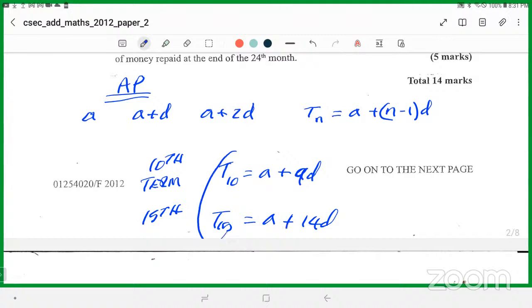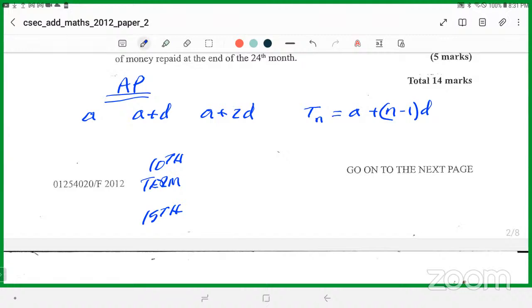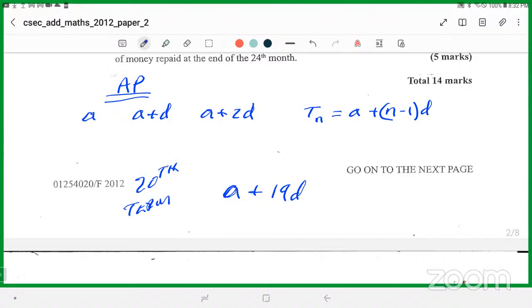Sometimes I don't even bother to write that out. The 20th term is simply A plus 19D. So the particular term is the first term plus 19 times D. What it means is that to get to the 20th term, you'd have added D 19 times to the first term.